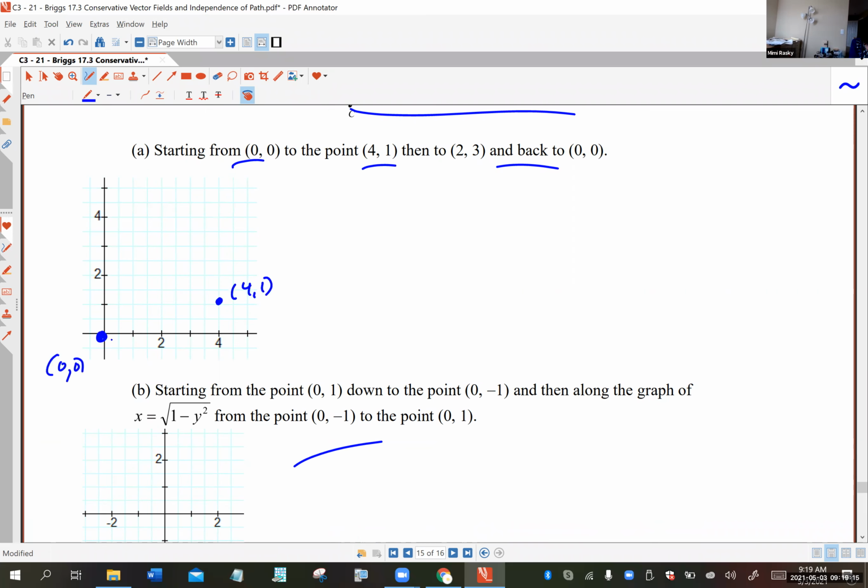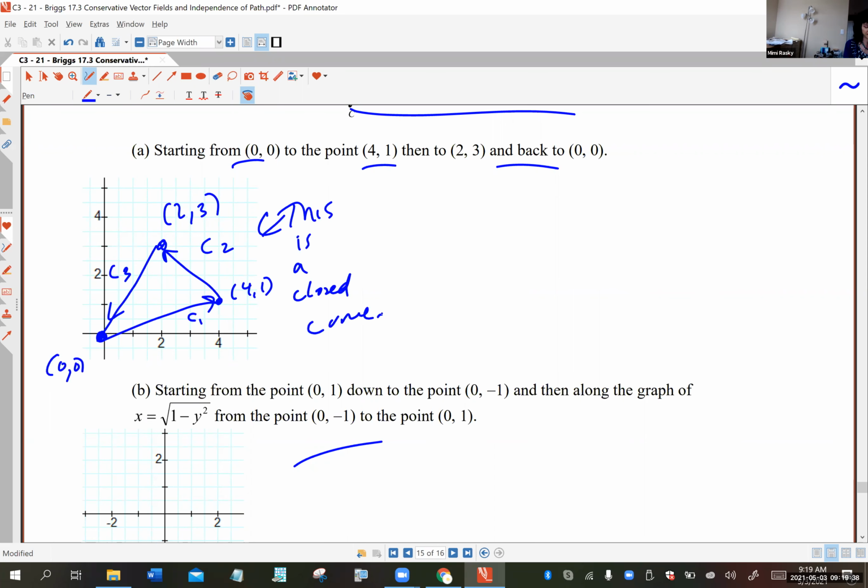So that's the first leg of the journey, C1. And then to (2, 3) up here. So the second leg of the journey is right there. We'll call it C2. And then back to where we started, C3. So I hope you can tell this is indeed a closed curve. Why? Because it starts and stops at the same place.